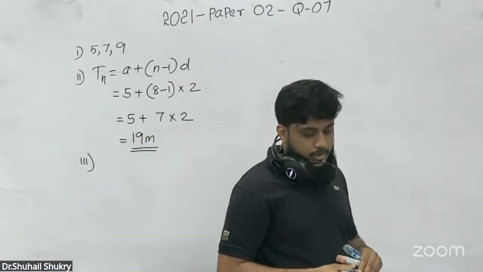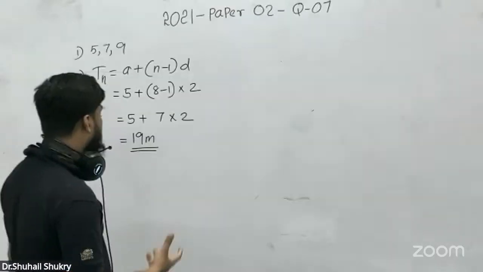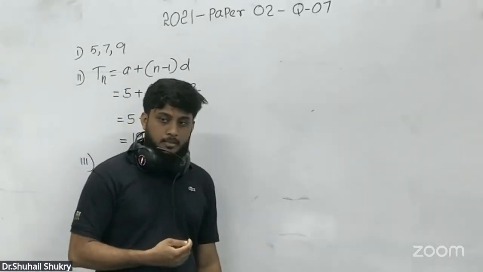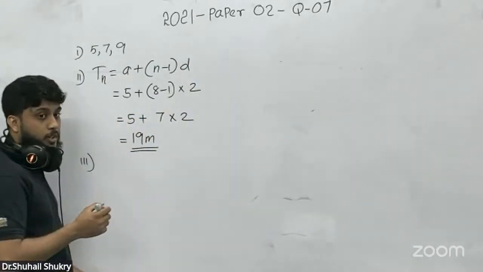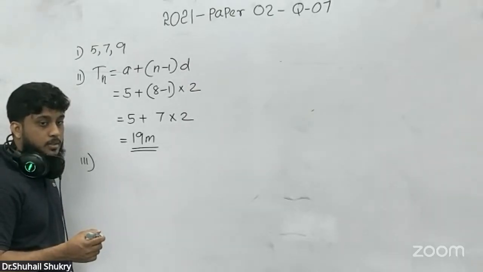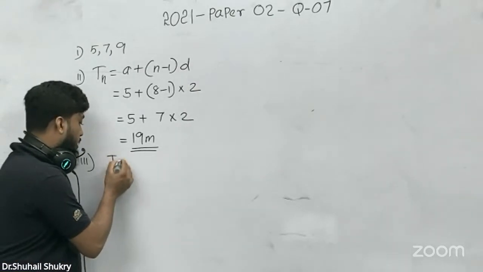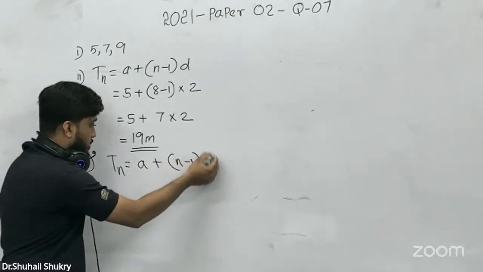Number 3, they have asked which flowering bush is 37 meters from the tap. Is 37 meters a term place or term value? 37 means term value. So what is the formula? We have to use Tn or Sn? Tn formula. So Tn is equal to a plus n minus 1 d.